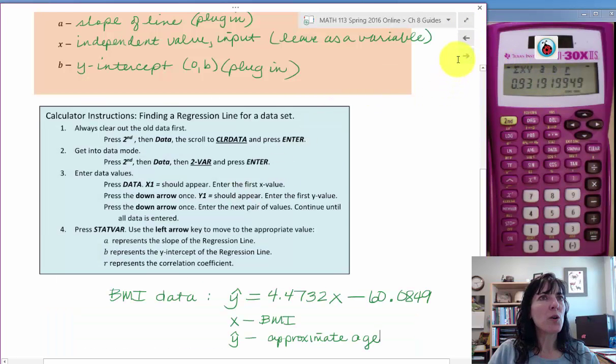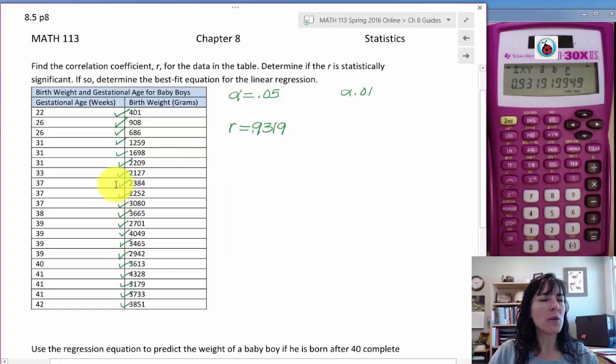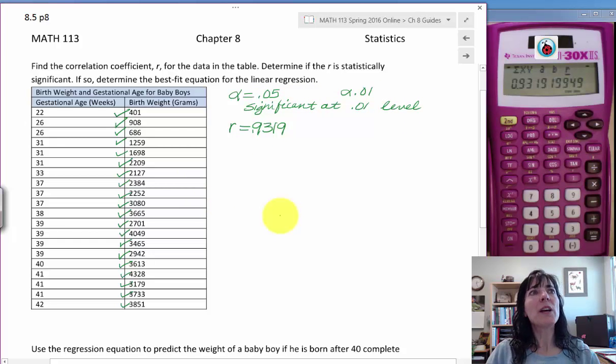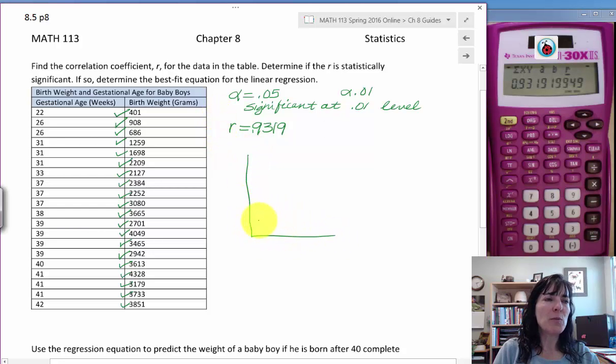So it is significant at the 0.01 level. Okay, so we have statistical significance for the correlation. We also know, because it's a positive number, that it is a positive correlation.